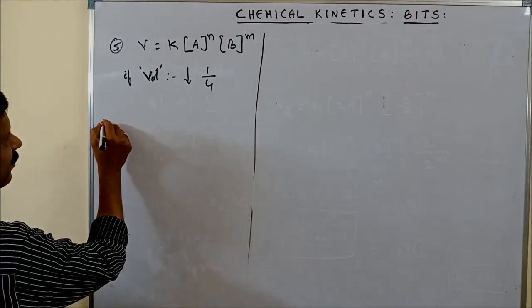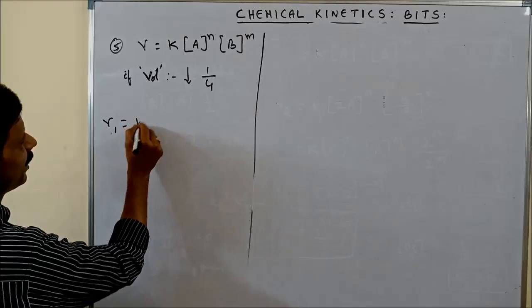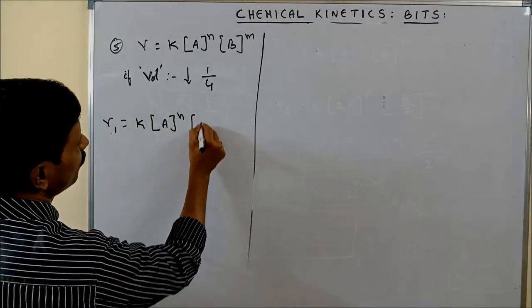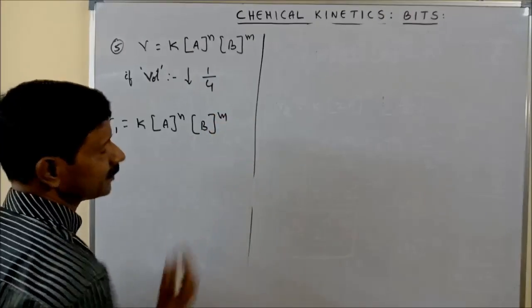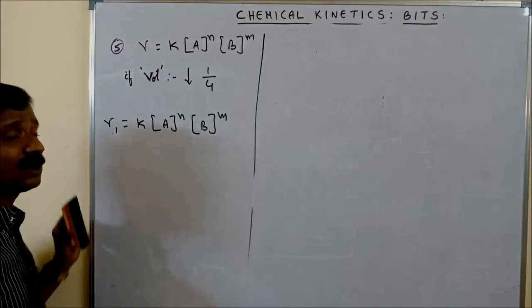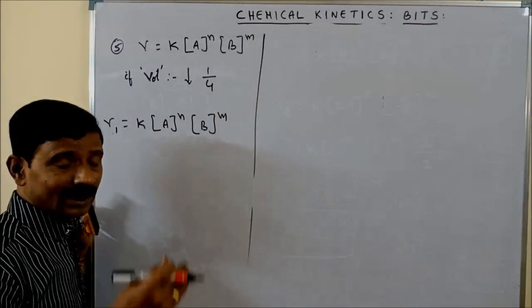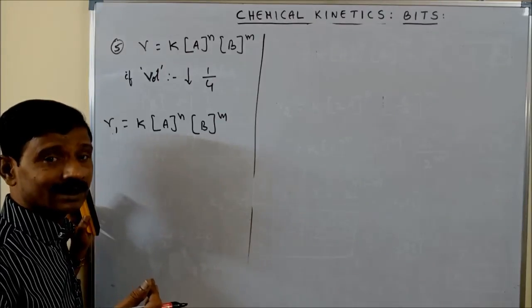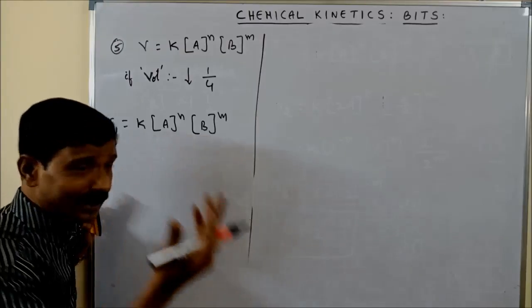So now R1 is nothing but K into A power N into B power M. Next, volume was decreased to 1/4. If volume decreased to 1/4, what will happen to the concentration? Concentration increased by 4 times.